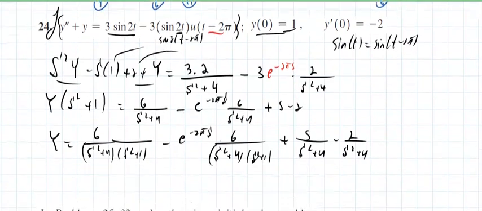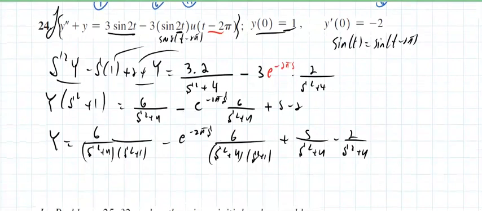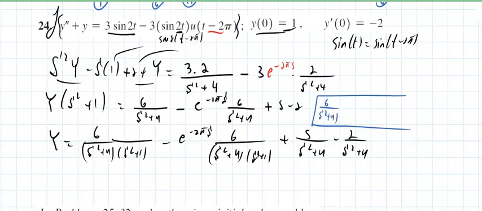Now, I will go on the side and figure out that 6 over s squared plus 4 times s squared plus 1 turns out to be 2 over s squared plus 1 minus 2 over s squared plus 4.